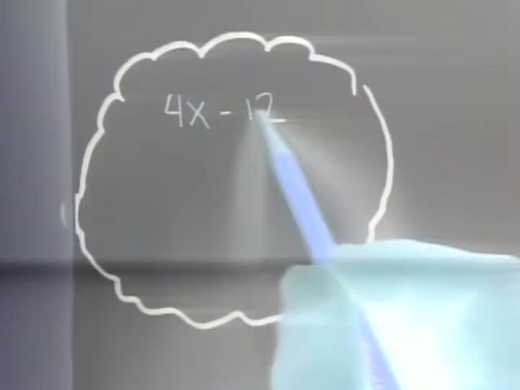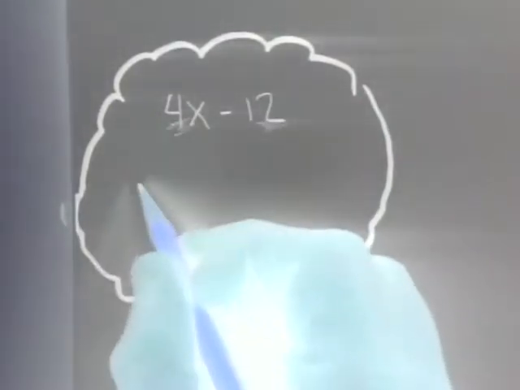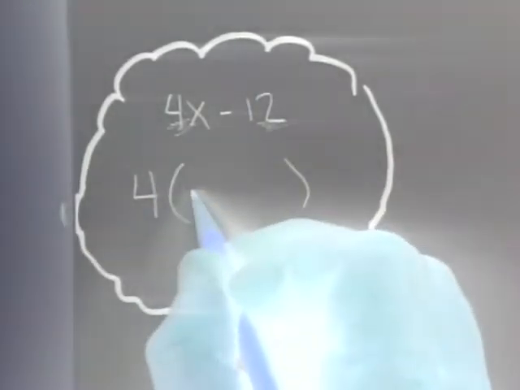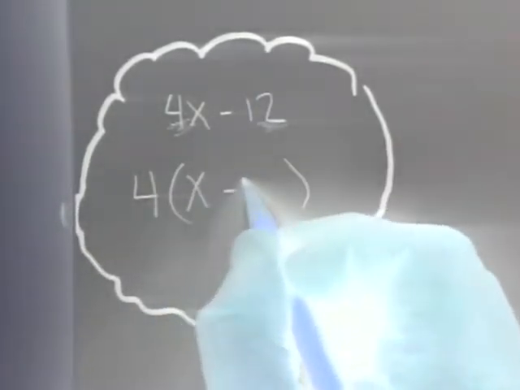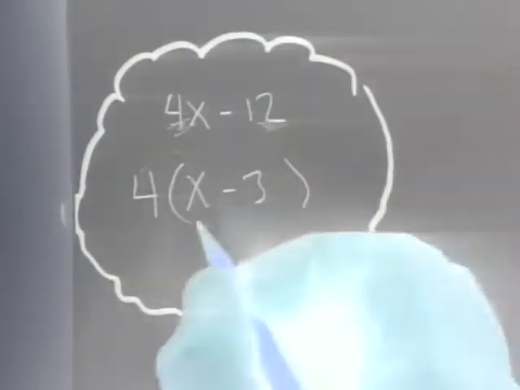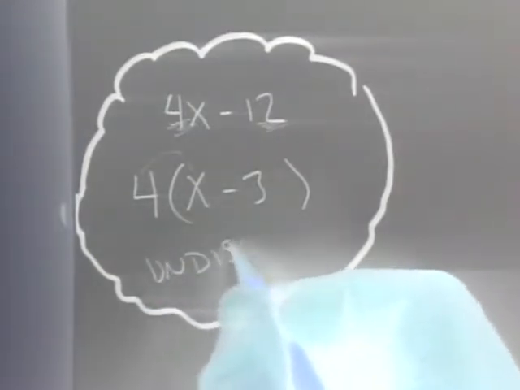And we wanted to undistribute, or factor, this. You'd look at what number you have in common between both of them, and you go, oh, I can divide this by 4, and I can divide this by 4. So you'd write 4, and then this ends up being x, and then this ends up being minus 3. So if you redistributed it, you get 4x minus 12.